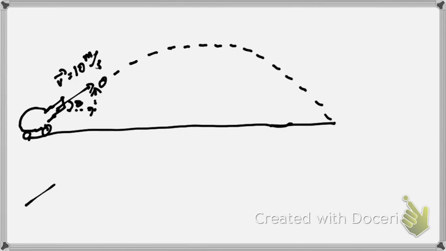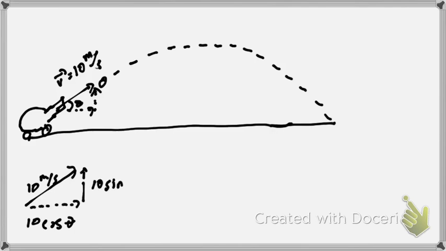So here was the 10 meters per second, and here was the x component, the 10 cosine theta, and here was the 10 sine theta, right? So we have two sides to this equation, right?